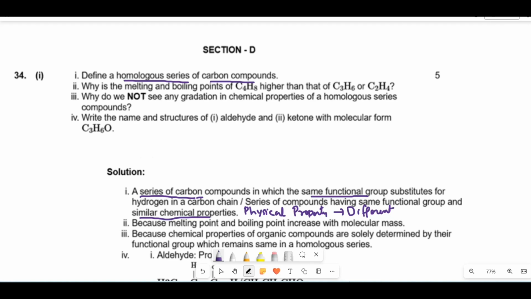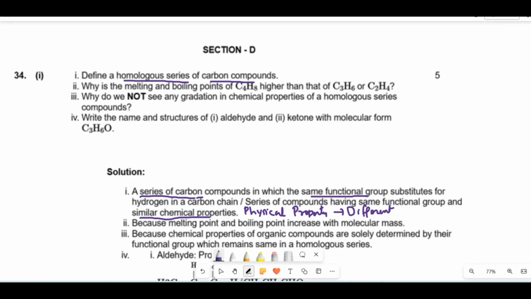So carbon compounds with the same functional group, you can classify in the homologous series. They have the same chemical property because they are in the same category. For example, if you take alkane, alkane comes as a homologous series. They will have carbon and hydrogen only, and they have carbon-hydrogen single bonds.